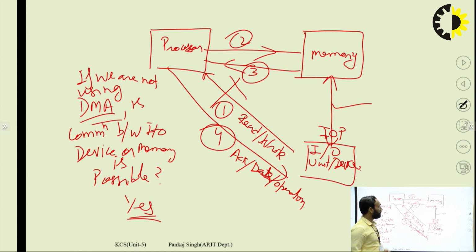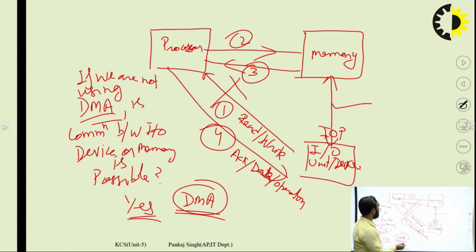So the whole process is done with the help of DMA. Hopefully, it is clear to all. To make these operations and the sharing of data efficient, we will use DMA.